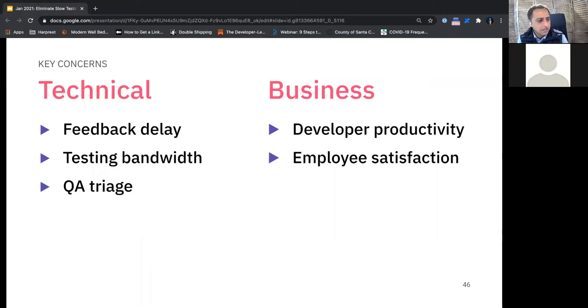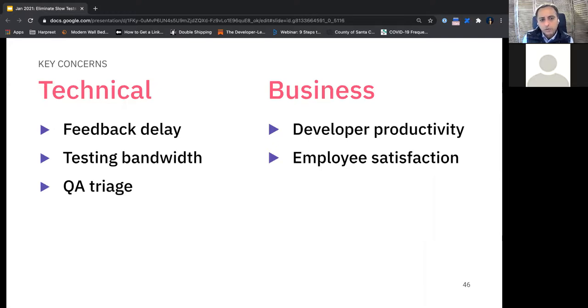In this case, the business side is really keyed in on developer productivity and employee satisfaction, while the technical leaders are focused on the feedback delay and testing bandwidth. In their case, they have 3-day test runs, so QA triaging is a real big challenge. They honed in on that.